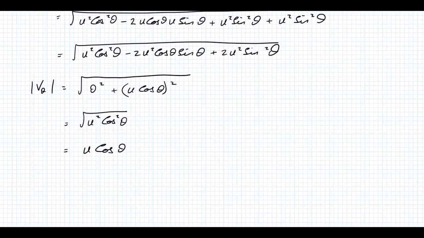Okay, so we have both our magnitudes of the velocities, and what we've got to do now is just work out the total kinetic energy afterwards. So the total kinetic energy after impact is just going to be half mv squared plus half mv squared.